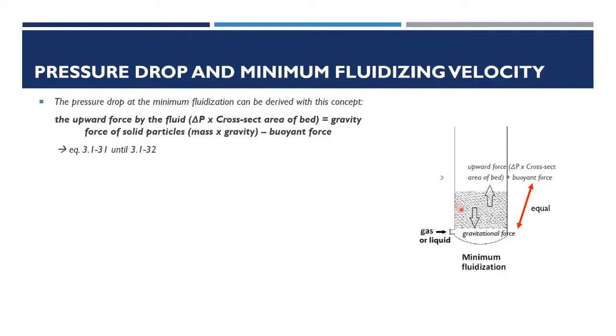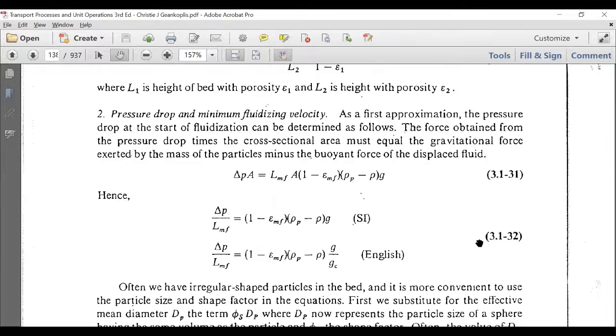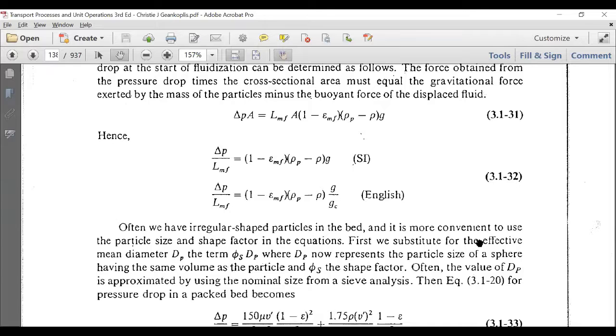The buoyant force is the opposite force of the solid mass weight. It can be derived using equations 3.131 and 3.132.